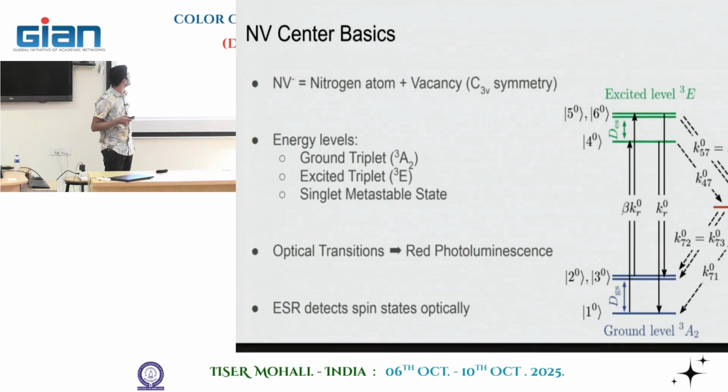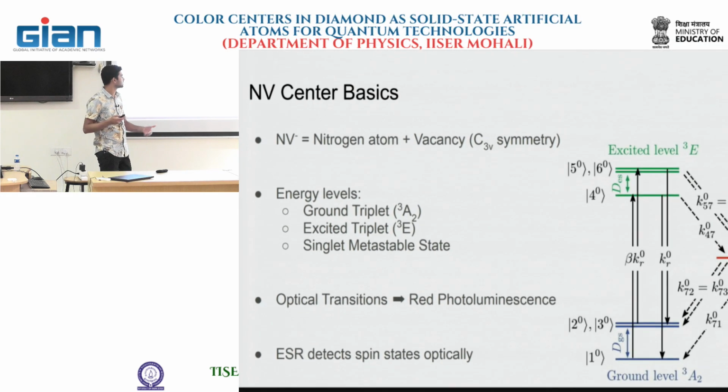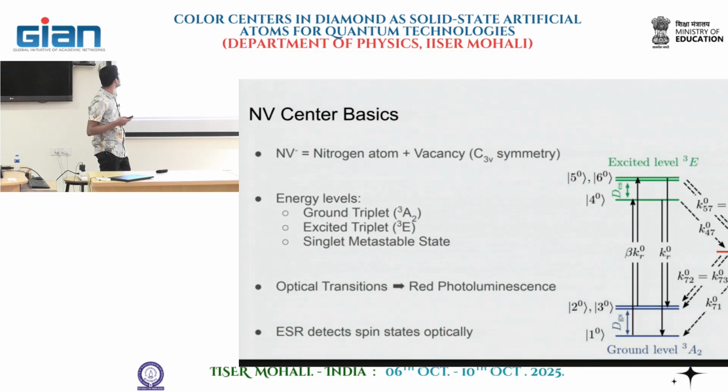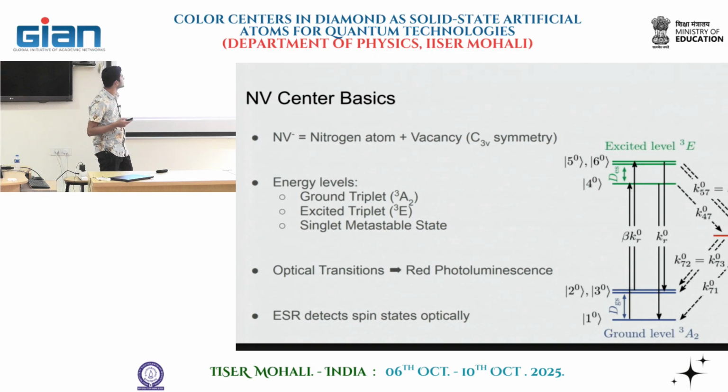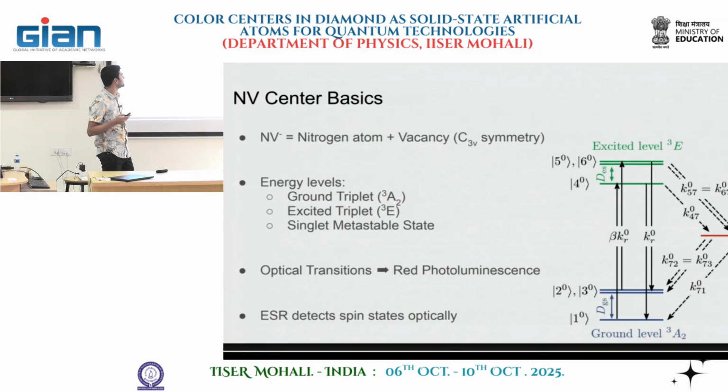So the NV center basics, as you all know, we have discussed throughout this course. The NV minus is a nitrogen atom plus a vacancy, which is threefold symmetric across the NV axis. The energy levels are the triplet ground state, denoted 3A2, the excited state triplet, 3E, and then the one singlet metastable state.